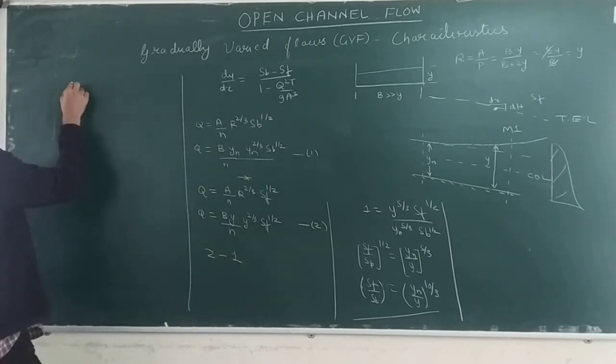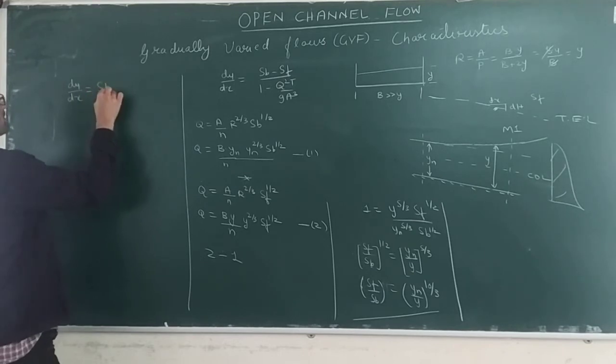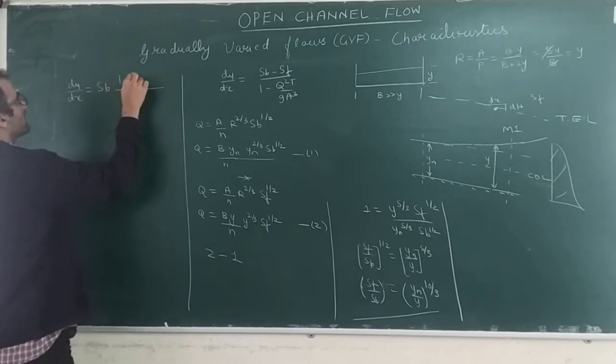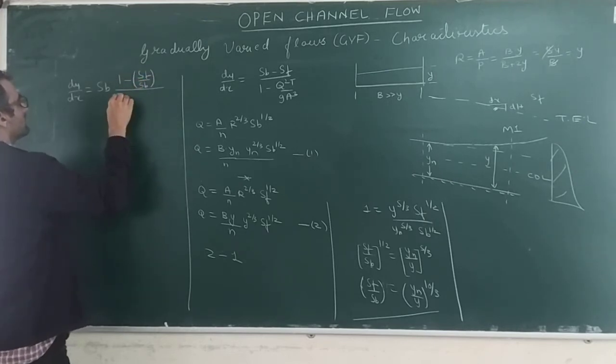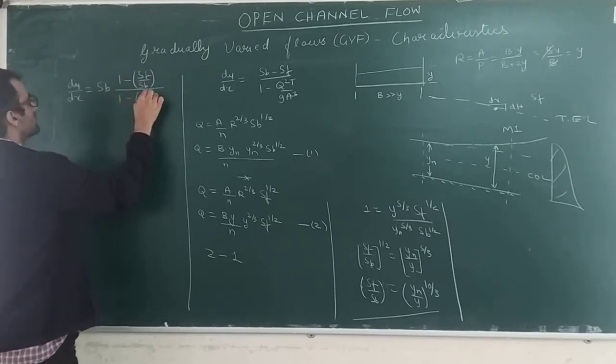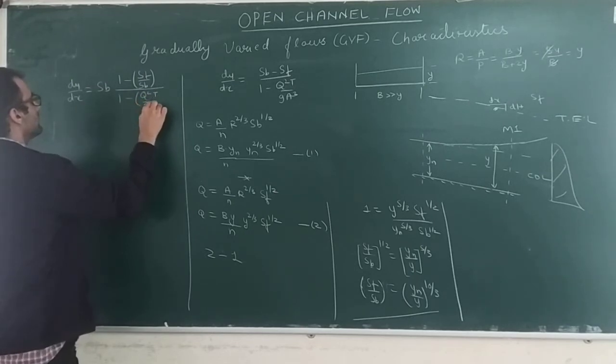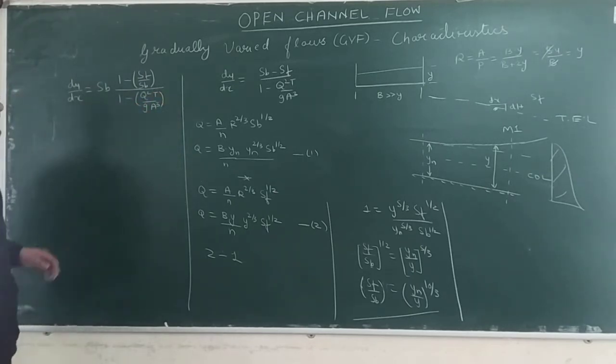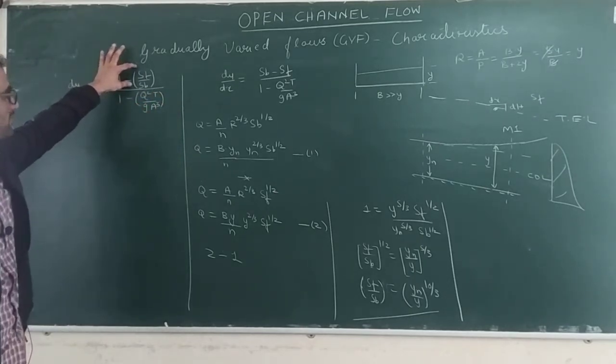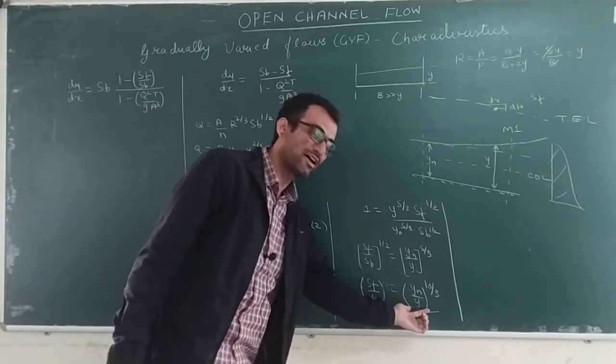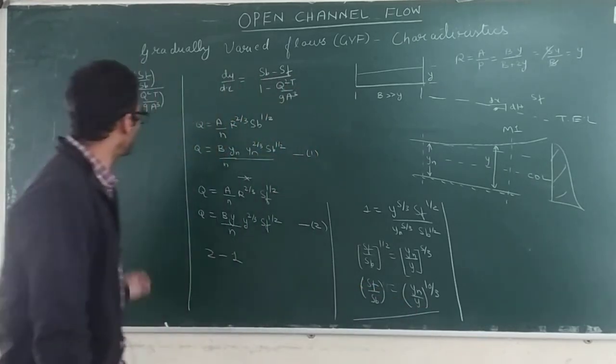So you can write it in this way: dy by dx is equal to SB, taking it common, 1 minus SF upon SB, and upon 1 minus Q square T by g A cube. So the SF by SB term we have replaced by Yn by Y to the power 10 by 3. Now we will replace this term.